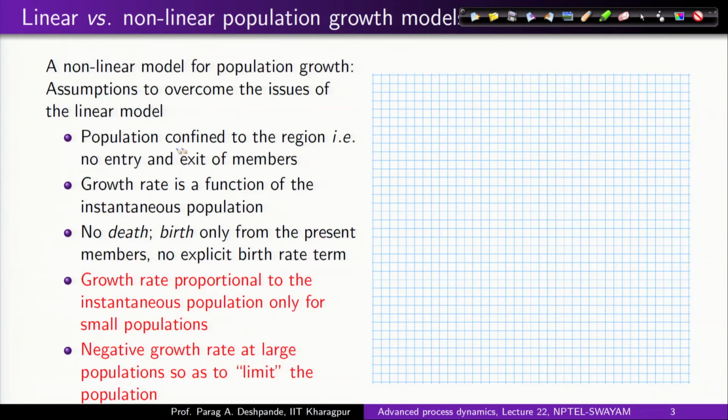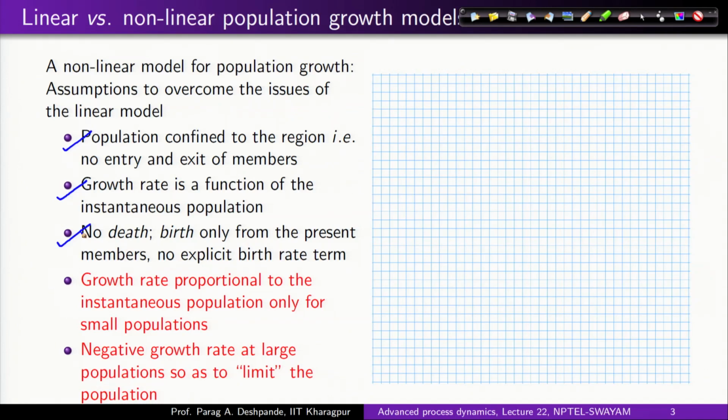The population is confined to a region, it is the same assumption which you saw in the linear model. The growth rate is a function of instantaneous population, exactly the same assumption. No death, birth only from the present members, no explicit birth rate term, this also we saw from the previous assumption.